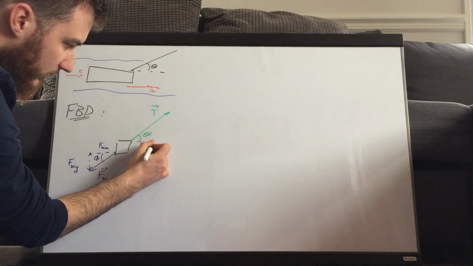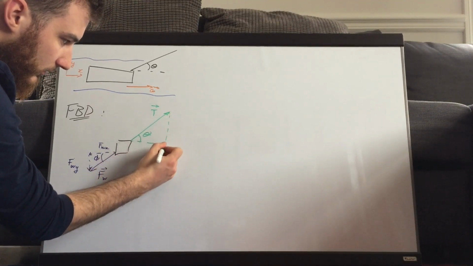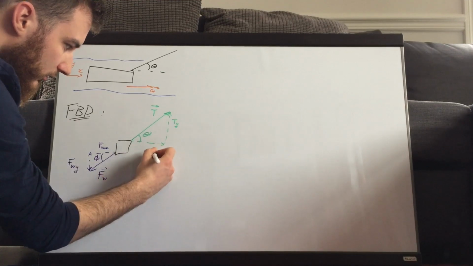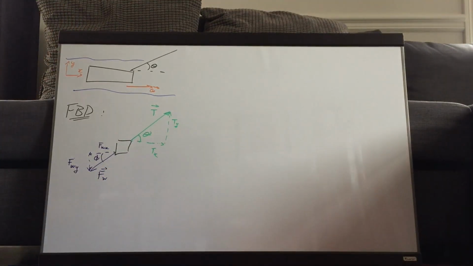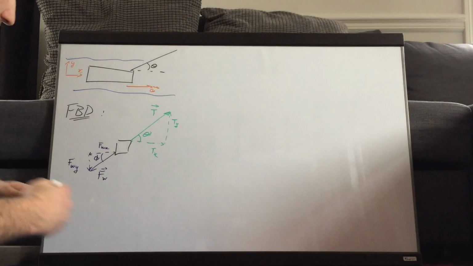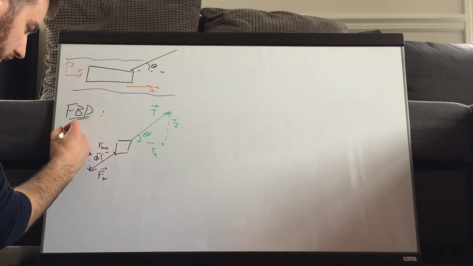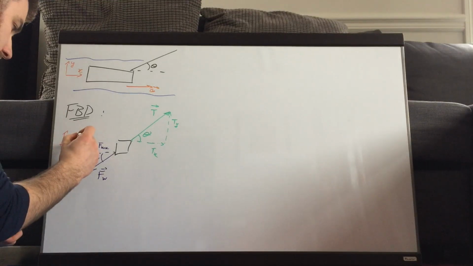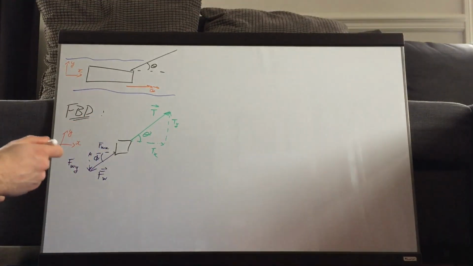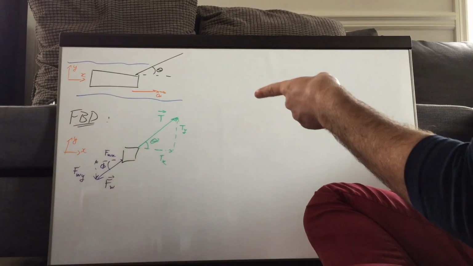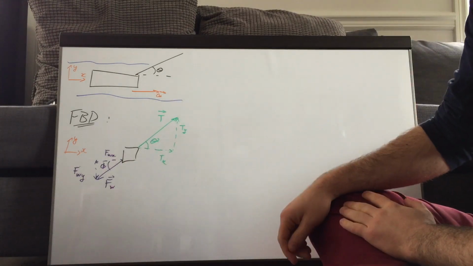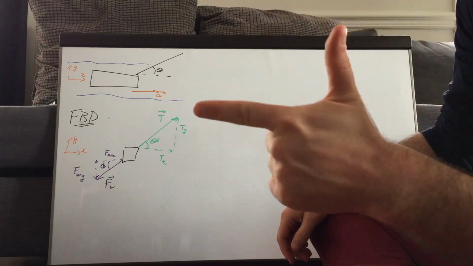Then we have the two components for the tension here and here, and then we need our x and y axis again using the regular ones. Once you've drawn the free body diagram, we need to write down Newton's second law in x and in y.